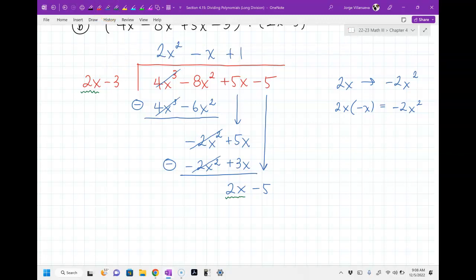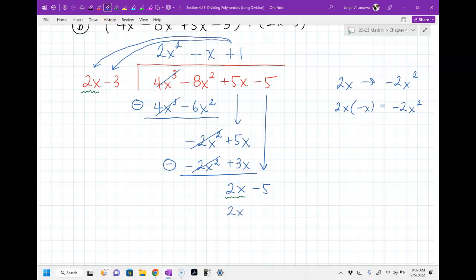Okay, and now I have to multiply a positive 1 times 2x and a positive 1 times a negative 3. Remember, you got to distribute. The new number you put in, you got to distribute it into that portion in the front. So 1 times 2x, that's 2x.